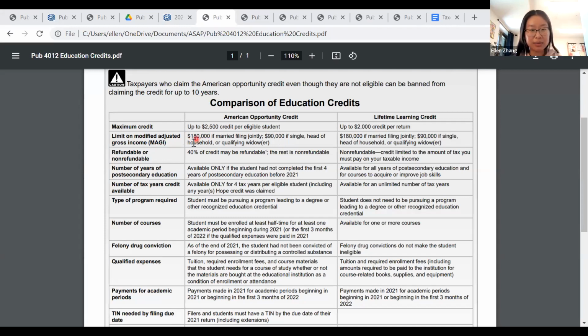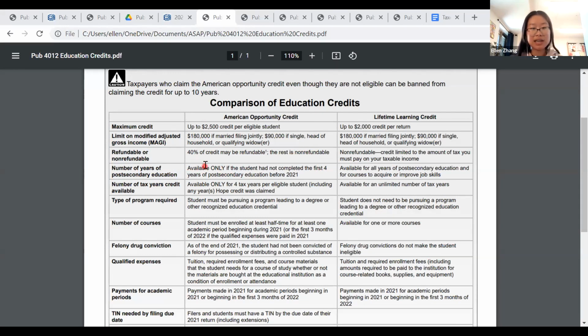If you have more than $180,000 of AGI, married filing jointly, or $90,000 single or head of household, then your American Opportunity credit will start phasing out at that point. Like I mentioned before, the American Opportunity credit is partially refundable. Only 40% is refundable, and the rest is non-refundable.